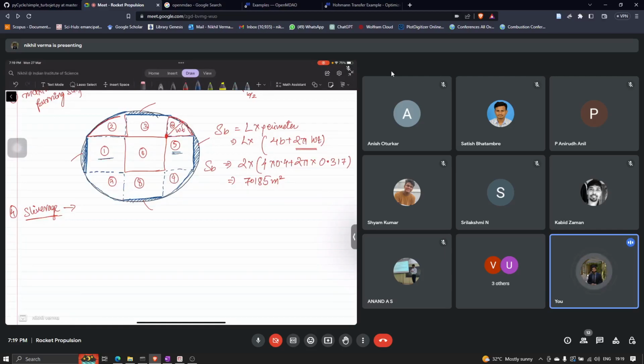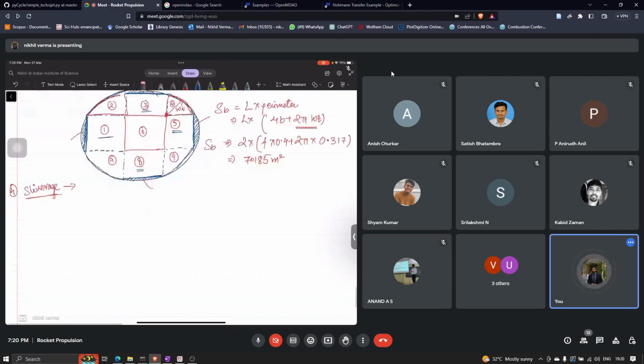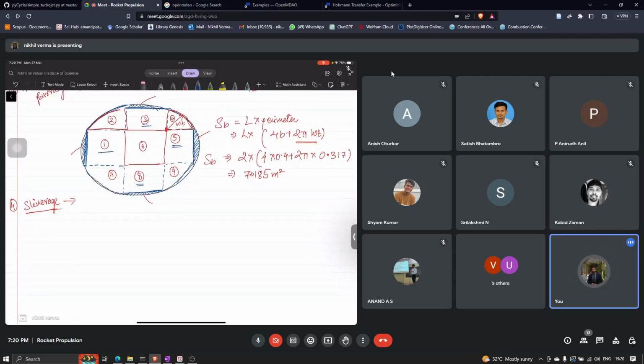The area will be equal to web thickness into B, right? This is the web thickness and this is your B, correct? And we have four such blocks, so into 4.